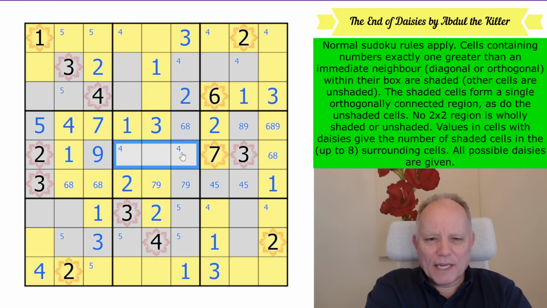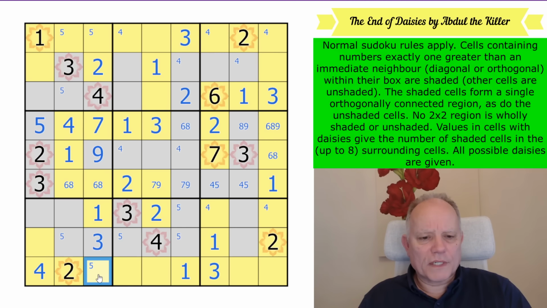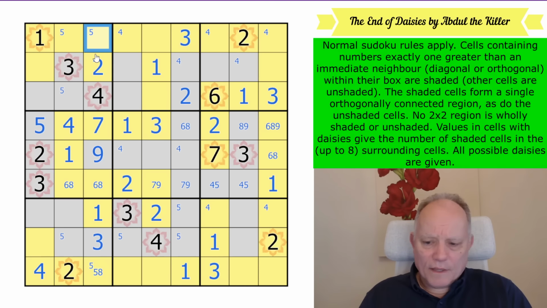I don't see it if either of those options does. Five, 6. This can't be 6. That's quite interesting, because that would be the 5 in the box. So that's 5 or 8. This is just Sudoku. That's 5, 6 or 8.